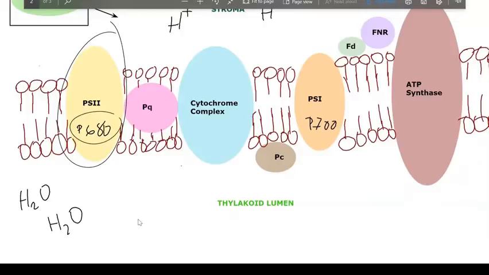Anyway, P680 is an extremely strong oxidizing agent, and it oxidizes H2O very well. Remember, when we say oxidizes, that means it's stealing electrons. When H2O is getting oxidized, it's losing electrons. So the P680 pretty much takes away 2 electrons from the H2O, yielding 1/2 O2 and 2 H+ ions.